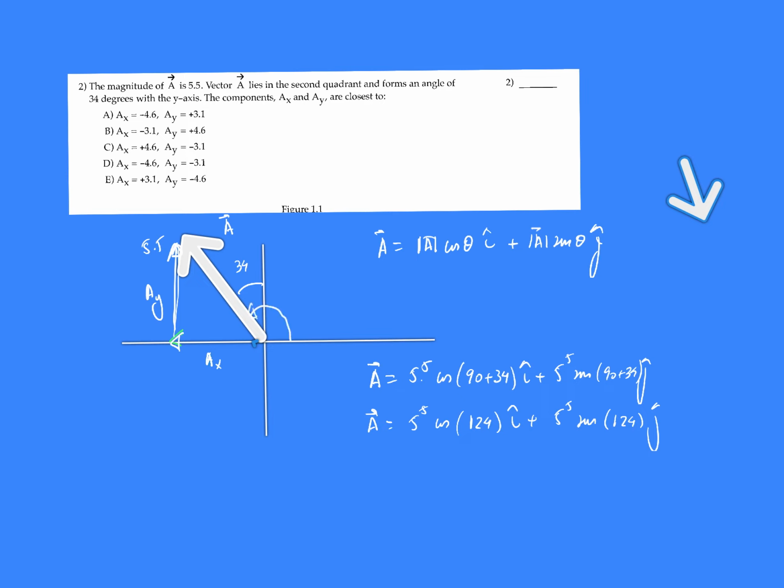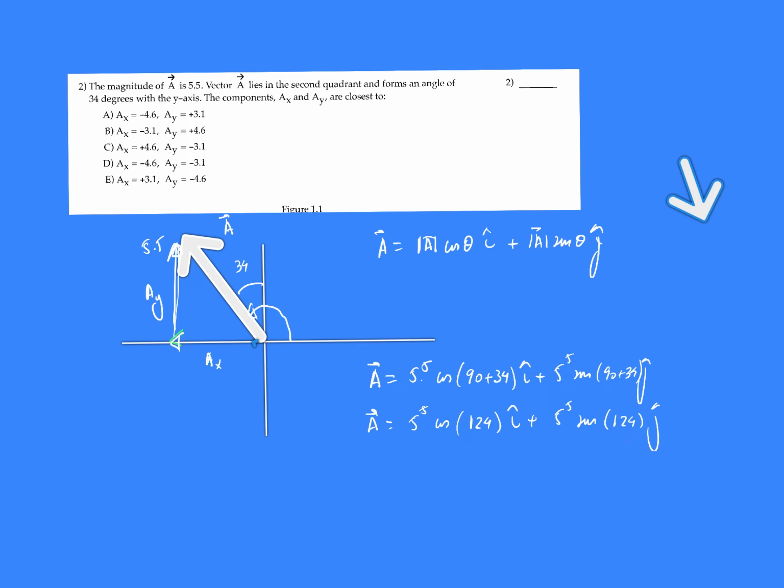So this angle is not the 34. This angle is 90 plus 34. So if I want to apply the equations directly, the magnitude of A is 5.5, cosine of theta, cosine of 124, plus 5.5 sine of 124.